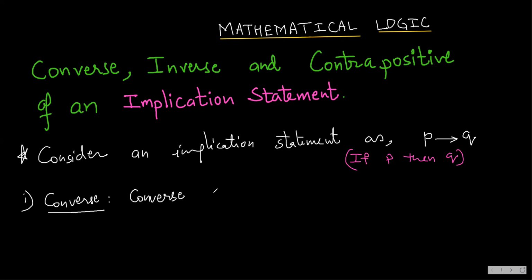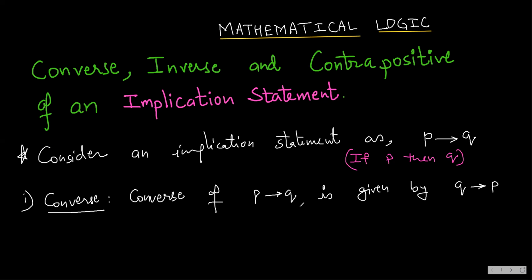Converse of P implies Q is given by Q implies P. What is the converse of P implies Q? It is given by Q implies P. That is, if Q then P. So what is the converse of if P then Q? This is the given implication statement.